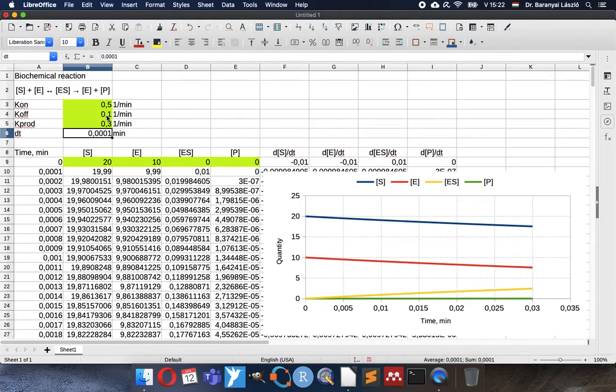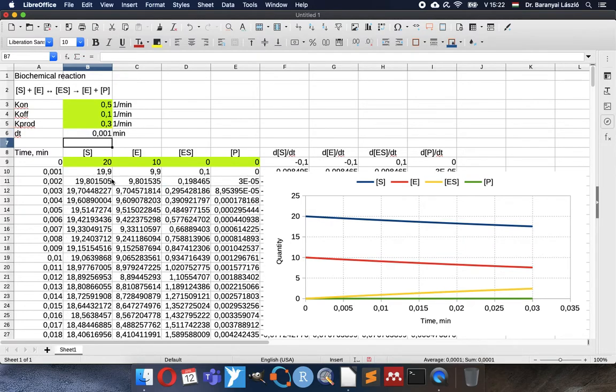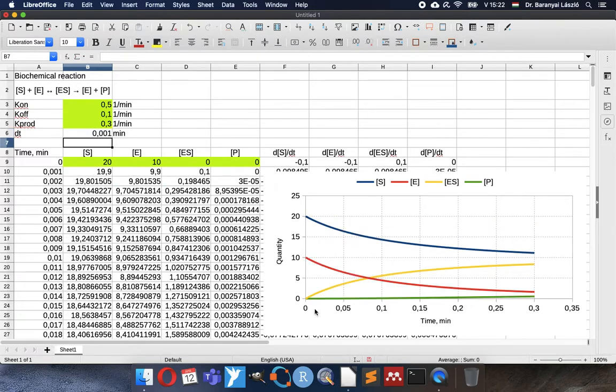Maybe we can decrease it more, let's say 10 times. Oh, now you can see a typical curve. So the substrate concentration is decreasing, the enzyme concentration is decreasing, the enzyme substrate is increasing, and the product is coming here. So it comes very nicely.